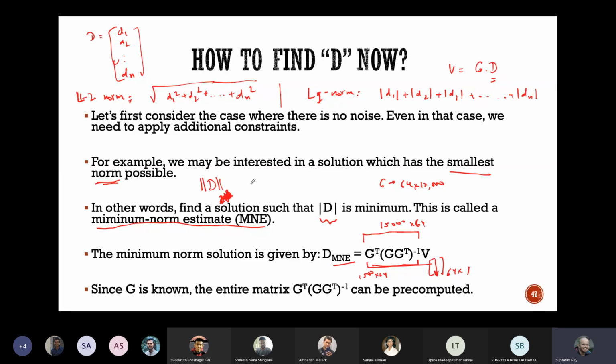So if you take the absolute value of each d_i to the power n, sum, and then take 1 by n, this is the nth L_n norm of a vector. So when n is set to 1, you are looking at the L1 norm, it just turns to this. When n is set to 2, it becomes that, because mod square is the same as square, as they're both positive. So then it becomes this.